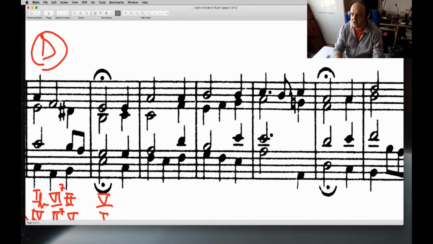Now, harmonization. See how that harmonization really swayed elsewhere. A melody that would otherwise just suggest going back to the tonic. You know, listen to the melody on its own.